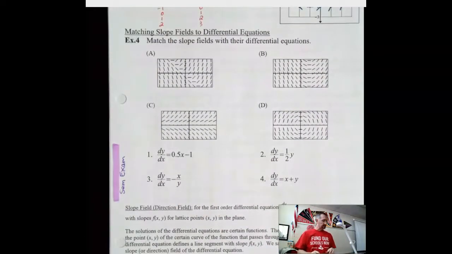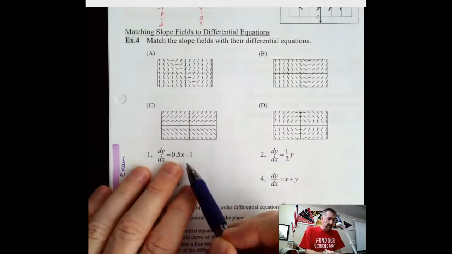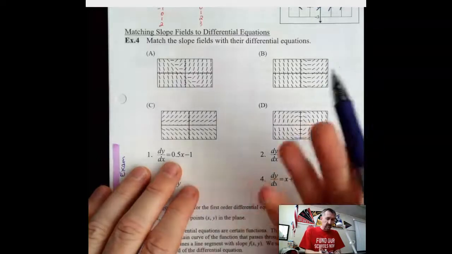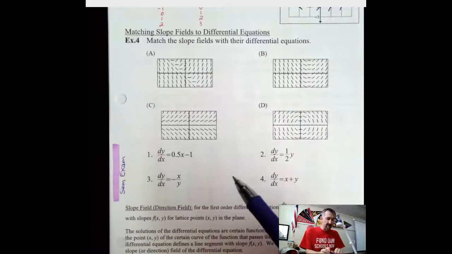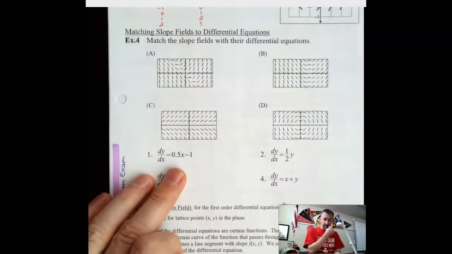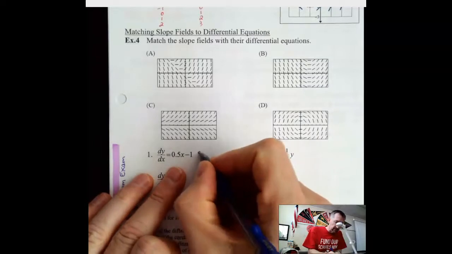Okay? So what I'm going to do is, where do I want to start here? Start with the equation or start with the graph? How about we start, either one. I'm going to start here because this is autonomous, right?